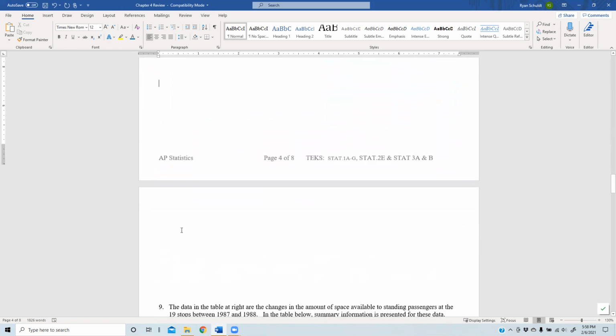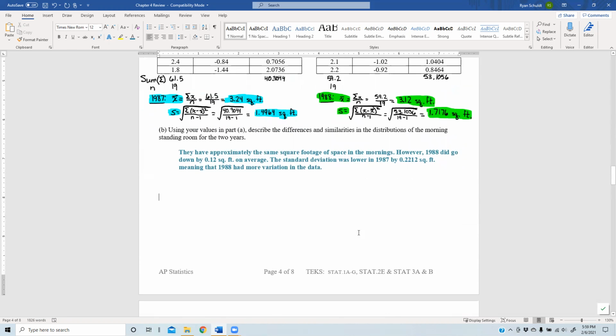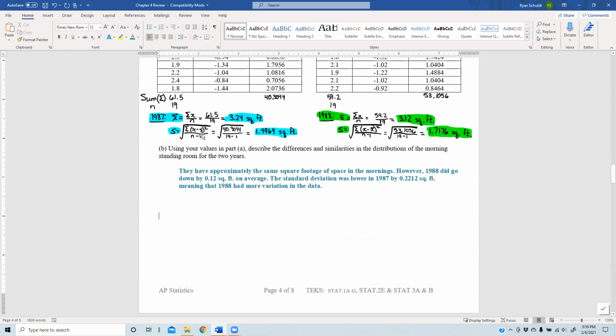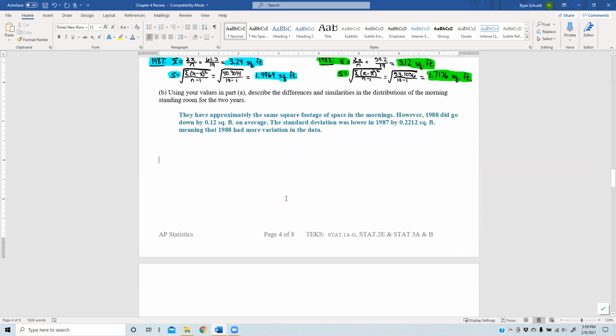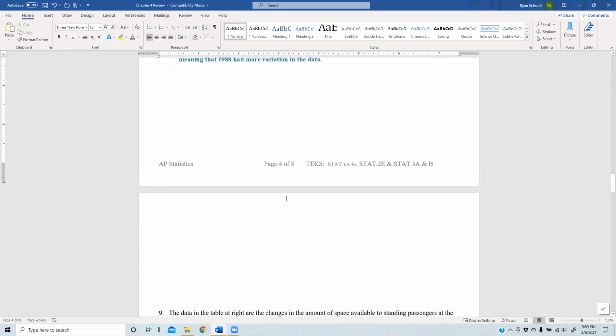So there. We did our description. We compared the data. We said they were similar. Then we talked about standard deviation and how that meant 1988 had more variation. So we're good. Short, simple, to the point. That's how we want to be.